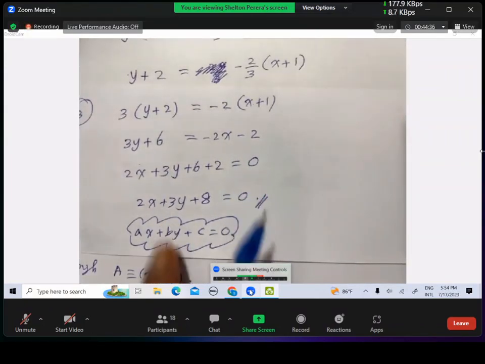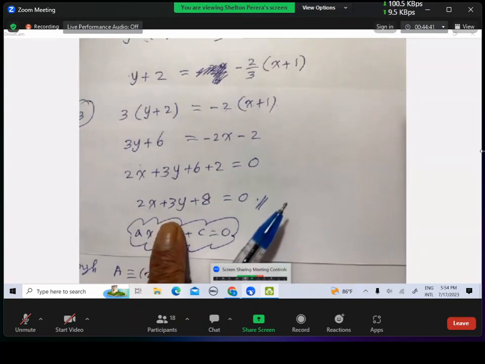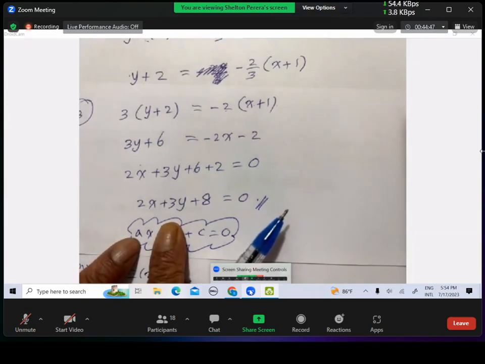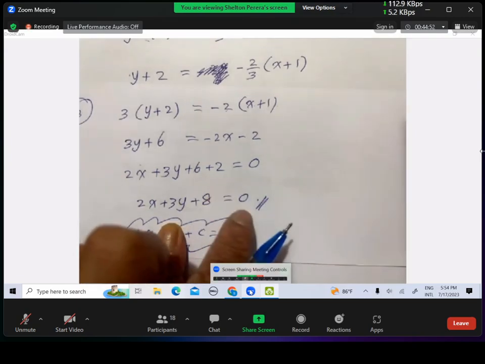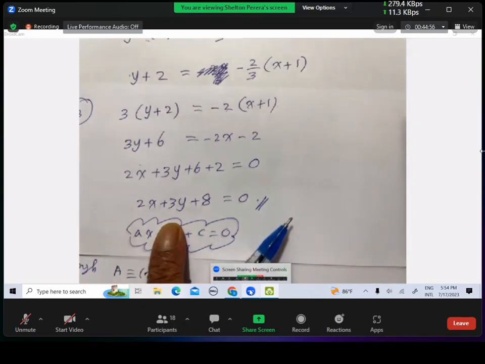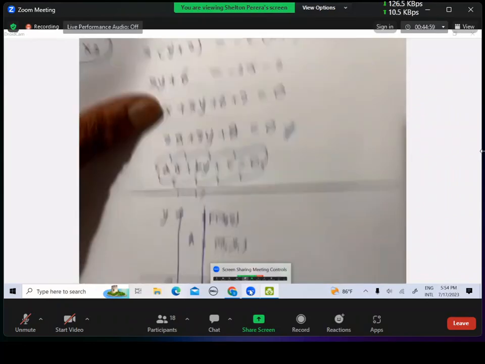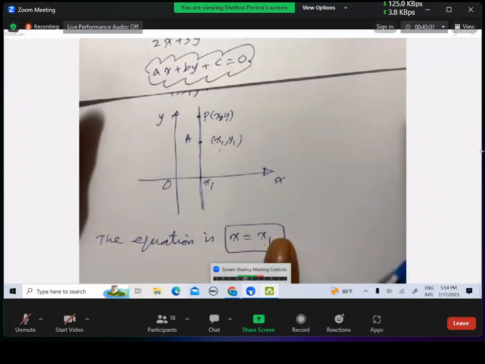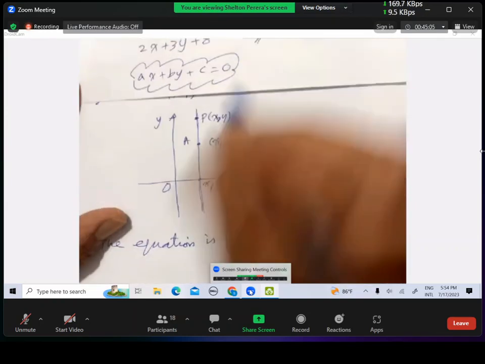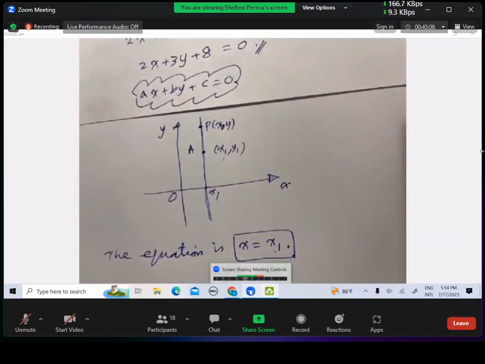If b is 0, it is ax plus c equal to 0. But we said a is non-zero. Therefore, you get x equals negative c over a. It is of the form x equals some number, vertical lines. So vertical and non-vertical are both in there.